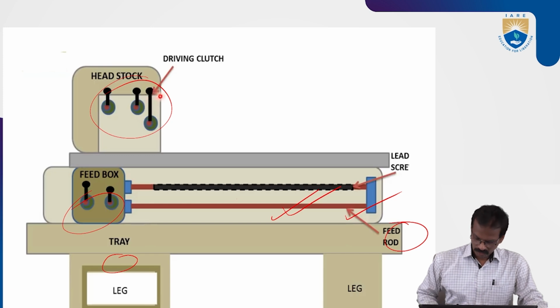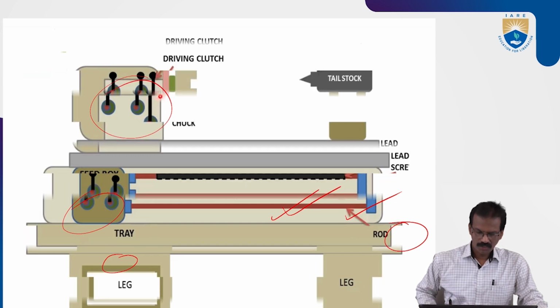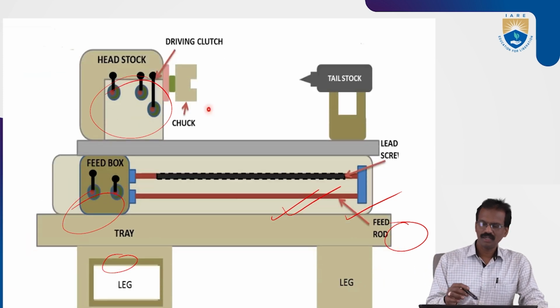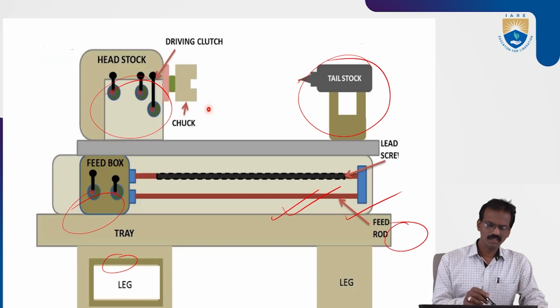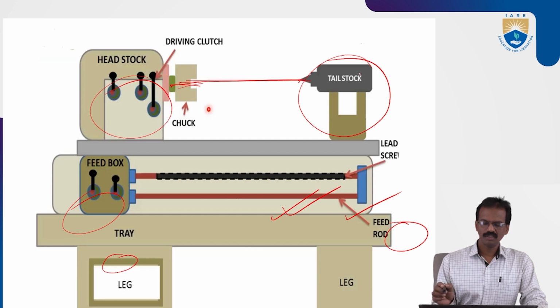Okay, so next we'll see, on the right side, the tailstock. The tailstock moves on the bed with the help of the guideways. So this is called the dead center, and this is the live center. These are coinciding with each other.